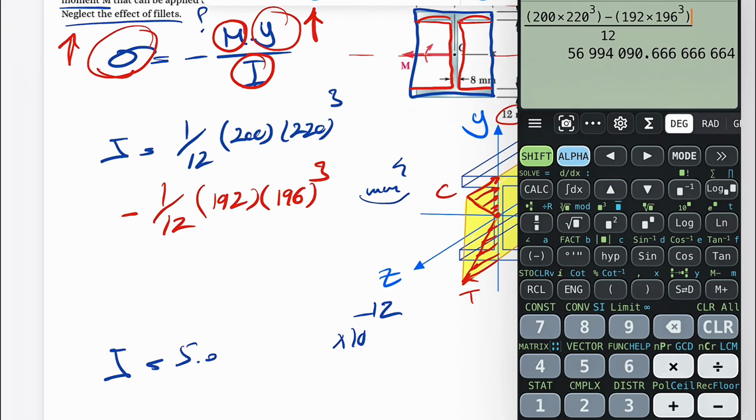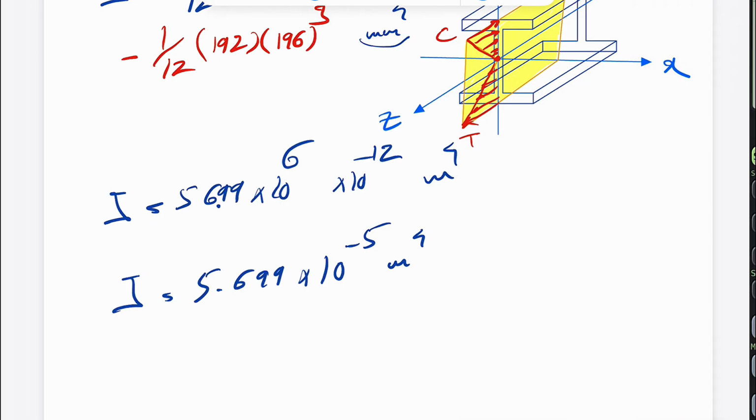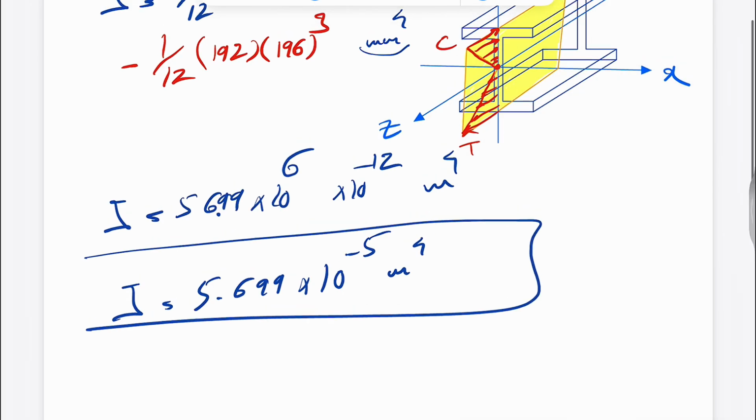So 5.699 times 10 to the 6, and that's going to be our unit conversion to get it in meter. Actually, 56, not. So we can write it down as 5.699 times 10 to the minus 5 meter to the 4. So that's our I.